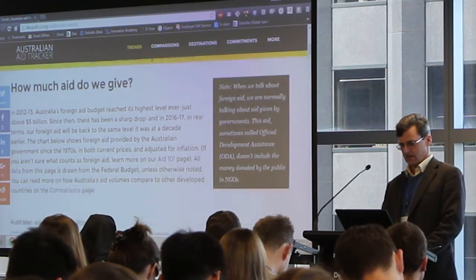I'm going to talk first about government aid and then about non-government aid. I understand you're mainly interested in non-government aid, but government aid is much bigger, and even the non-government aid sector gets almost half of its income from the government. So it's important to also understand the government aid sector.